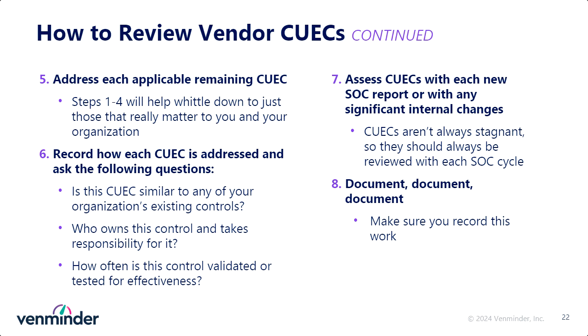Who owns that existing control and takes responsibility for it? And how often is this control validated or tested for effectiveness? You really want to make sure that you are documenting this. It's critical, because there's no point in doing the CUE work if you're not going to document it so that you can prove that you've done that work.